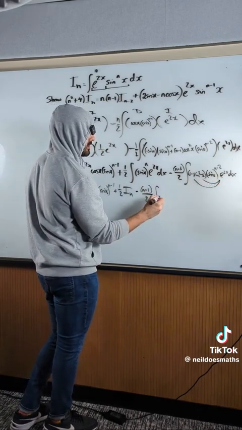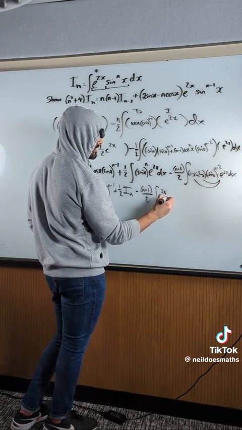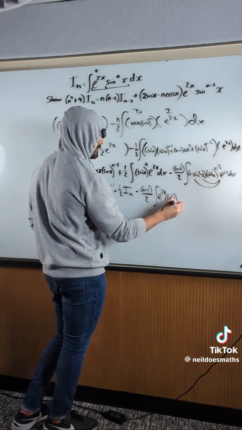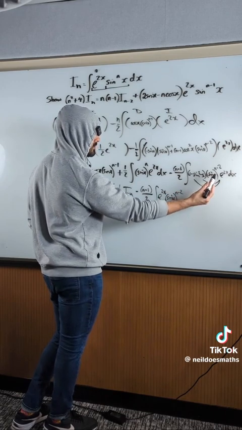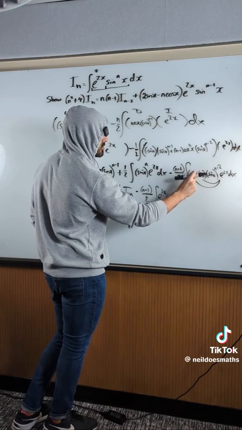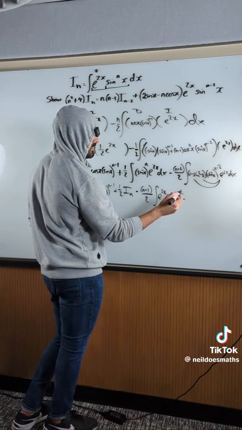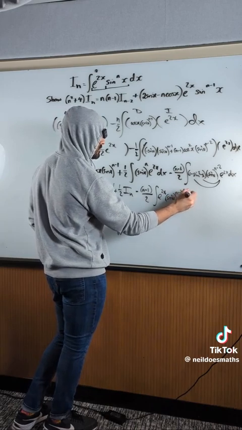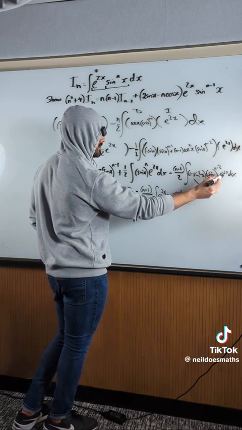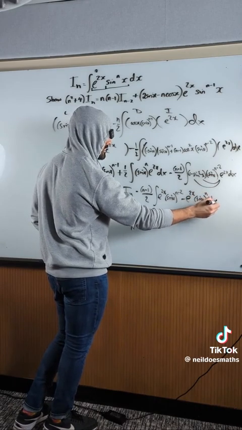Multiplying these in, you're going to get e to the power of 2x, sin x to the power of n minus 2, minus, and when you multiply these, you're going to add the powers. 2 plus n minus 2 is just n. So we get e to the power of 2x sin x to the power of n dx.